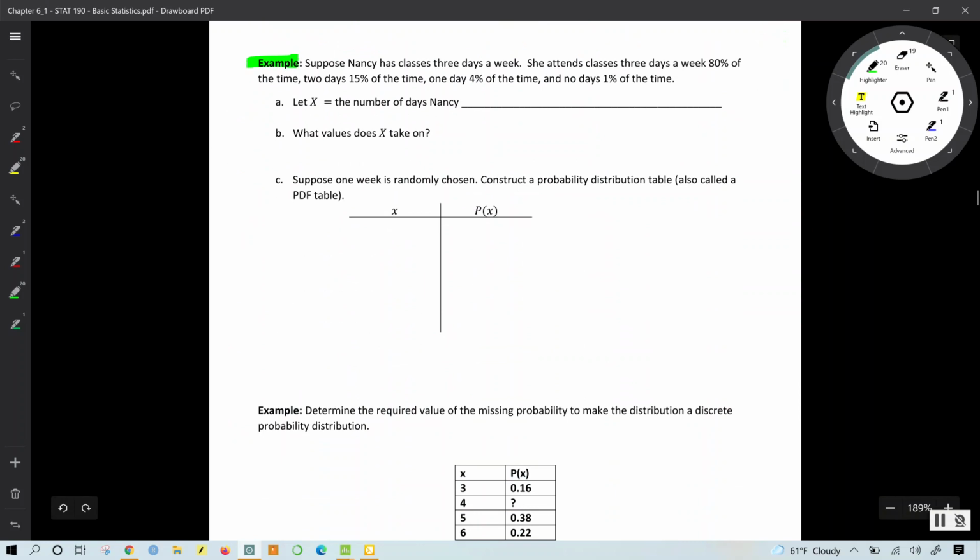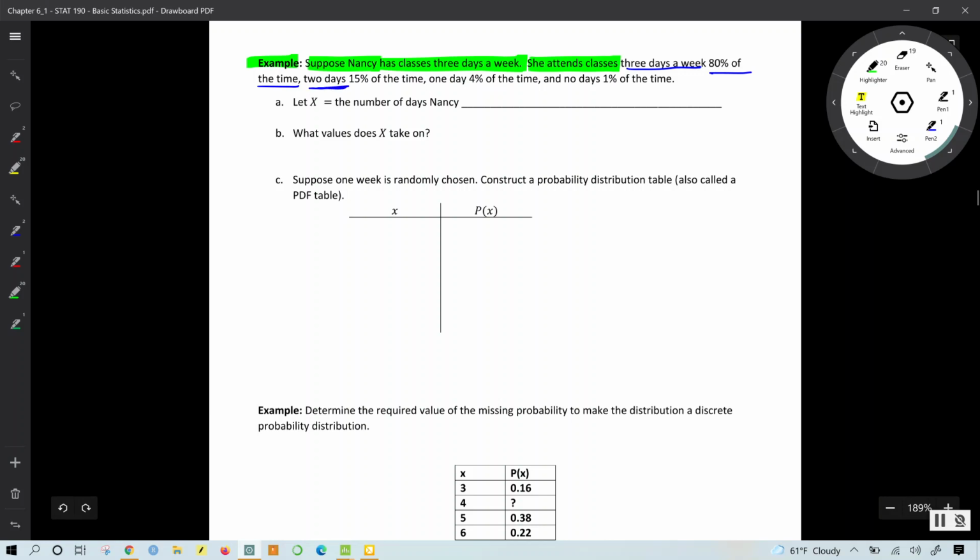In this example, we're told that suppose Nancy has classes 3 days a week. So, Nancy has to attend classes 3 days a week. She attends classes, however, 3 days a week, only 80% of the time.